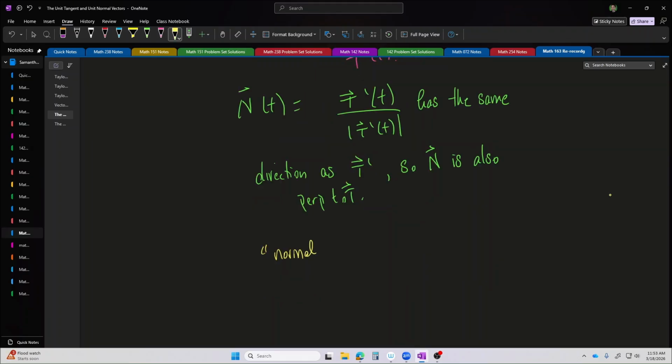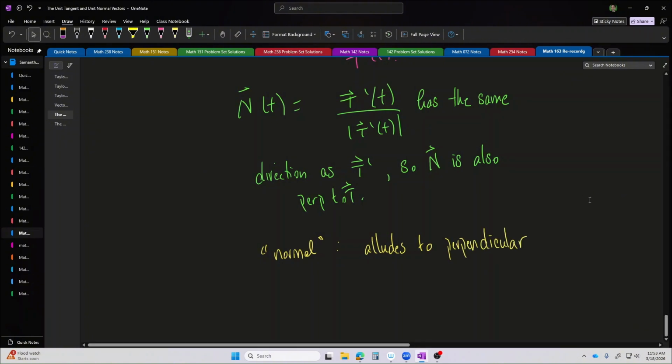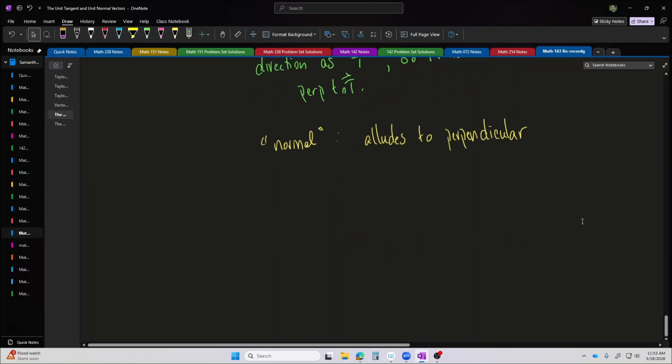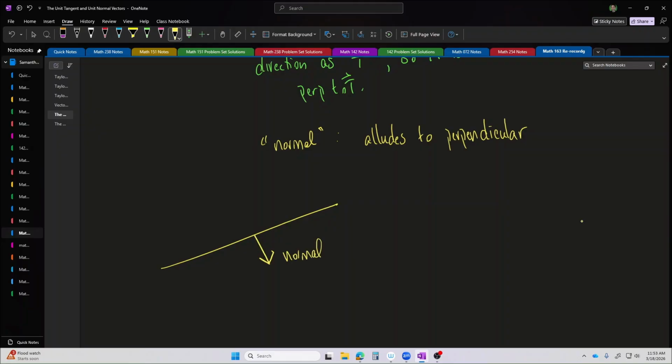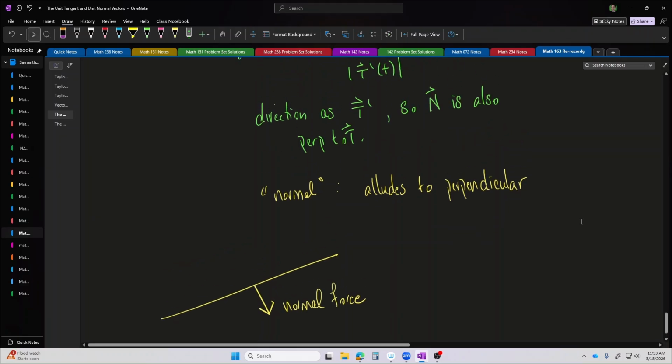So that's where this word normal is coming from when we talk about the unit normal vector. The word normal typically refers to something being perpendicular to something. For example, when we talked about vector projection, we discussed the normal force to a surface or to a plane.